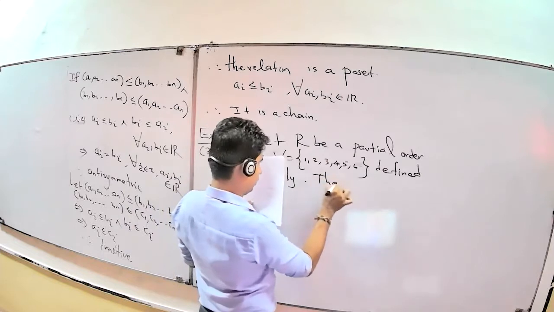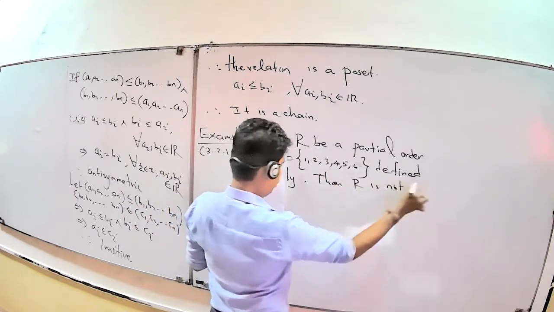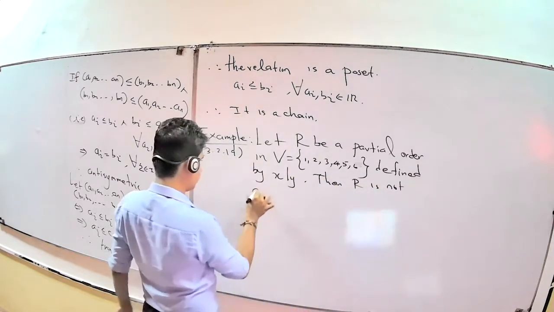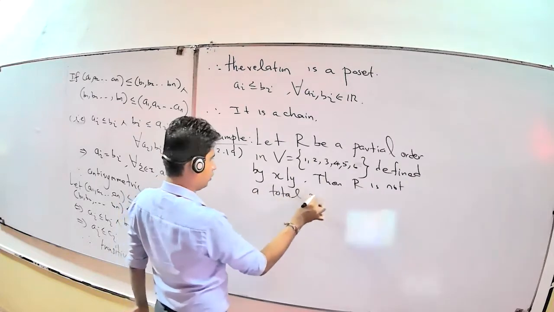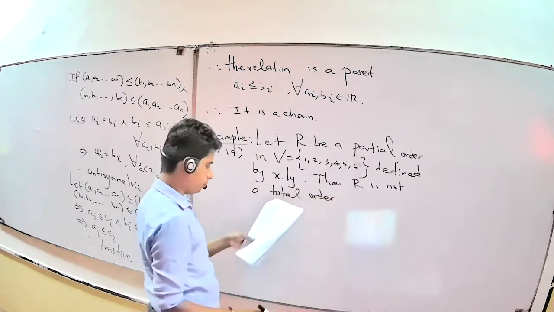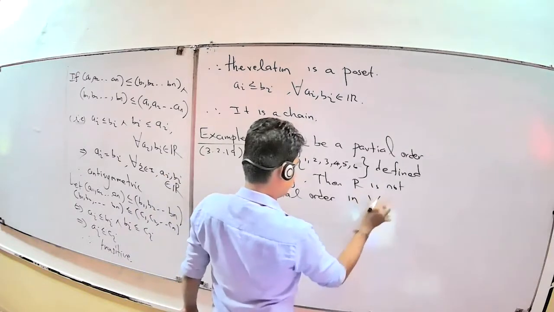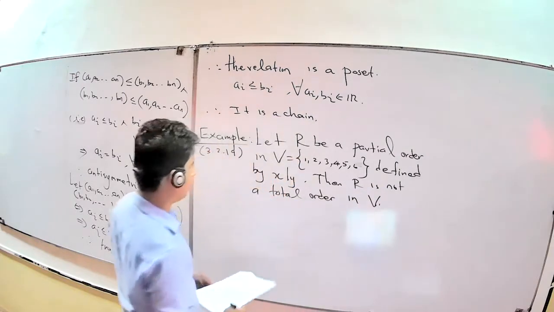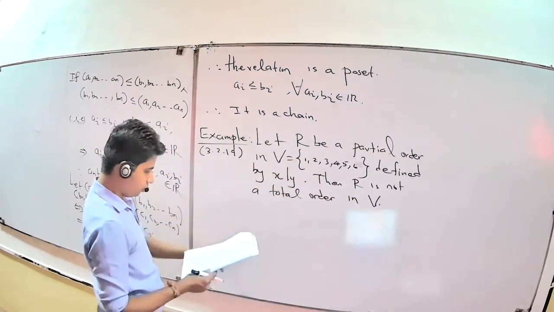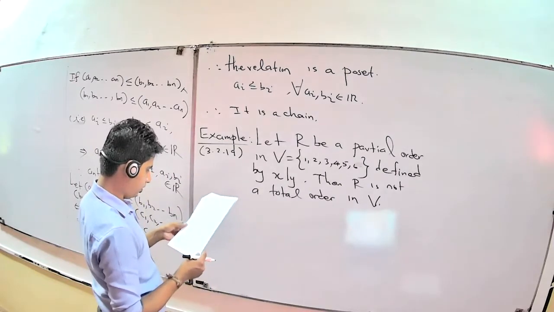Then R is not a total order. Why? Because some elements are not comparable. It is a partially ordered set for x divides y, but not a totally ordered set.